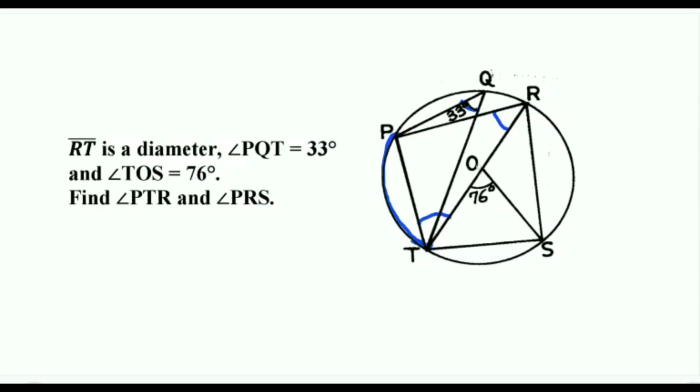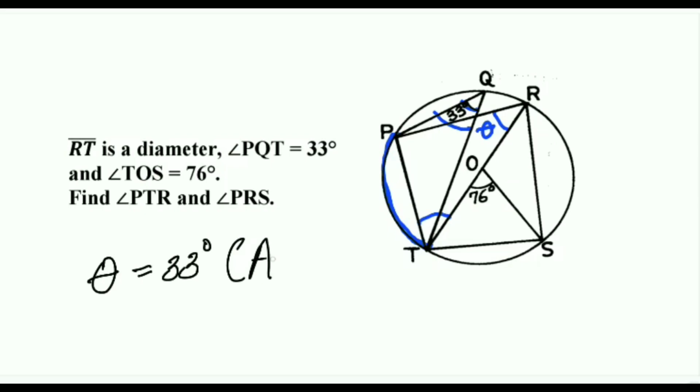If I call this theta, this blue arc subtended theta on the circumference. The same arc PT subtends the angle 33 degrees on the circumference. So when you have two angles on the circumference that have the same root and the same arc, the two angles are equal to each other. Theta is equal to 33 degrees.